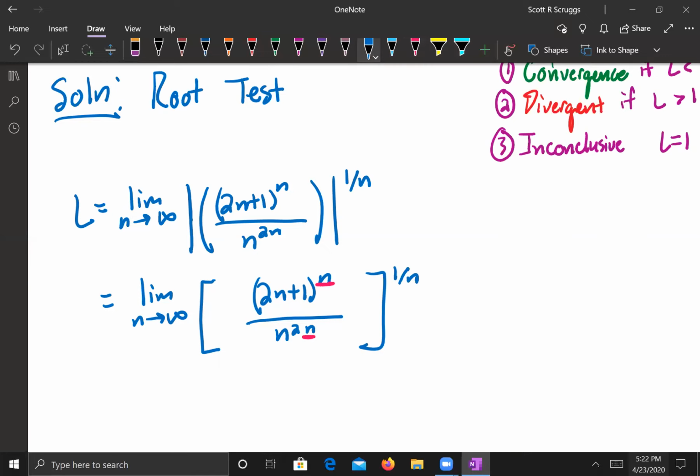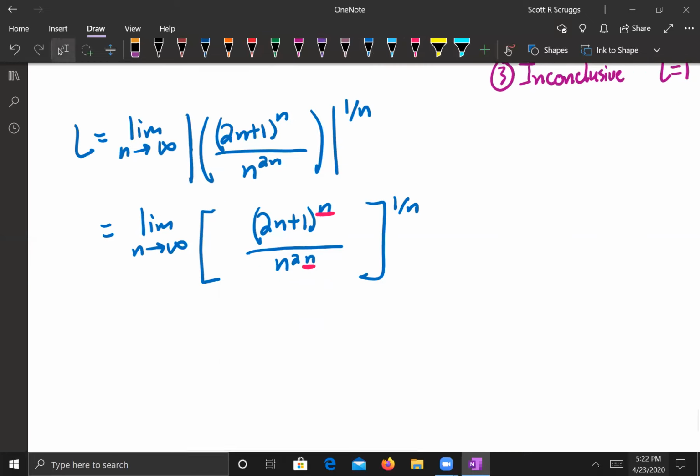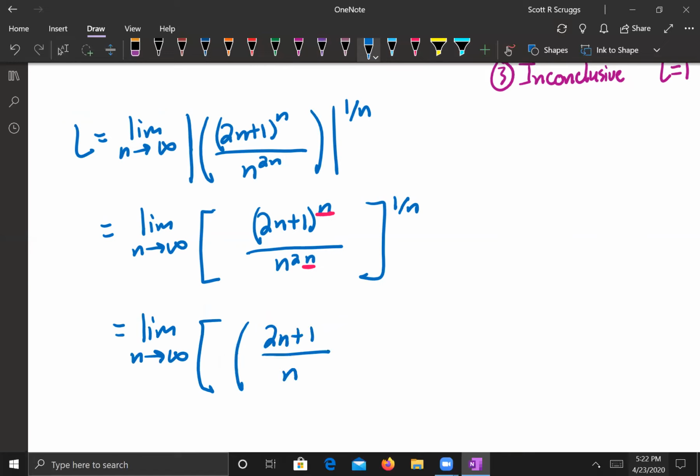Meaning, I can rewrite everything inside the brackets as follows: 2n plus 1 over n squared, raised to the nth power, raised again by 1 over n.